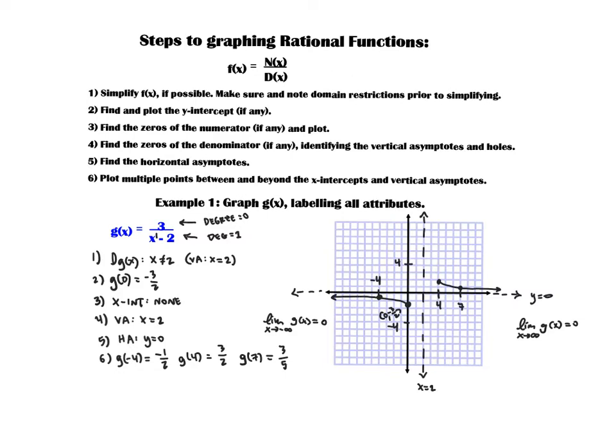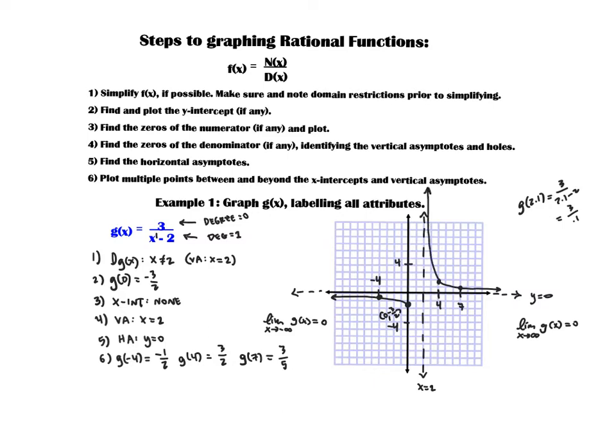If we were to test values really, really close to 2, let's go with g of 2.1. Well, that would be 3 over 2.1 minus 2, which is 3 over 0.1. That's going to be a really large number, like 30. So g of 2.1 will be way up here.